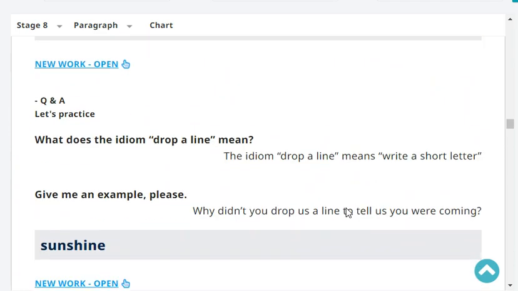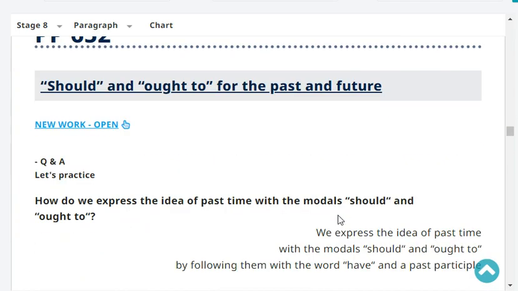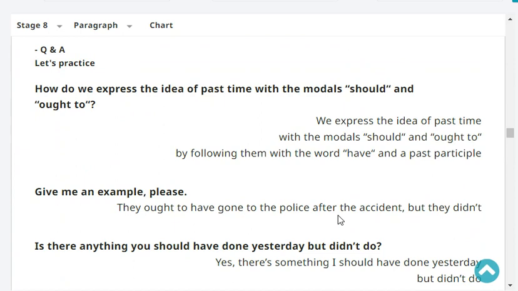Okay, here we go. First question. How do we express the idea of pastime with the modal should and ought to? We express the idea of the past in modals should and ought to by following them with the word have and a past participle.